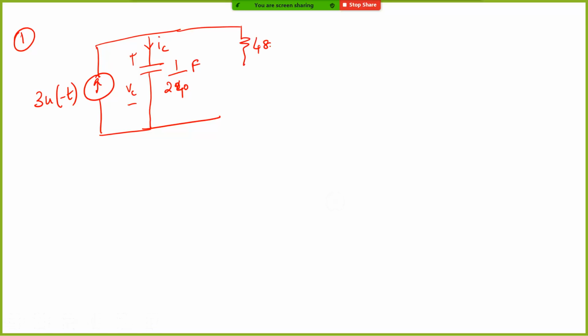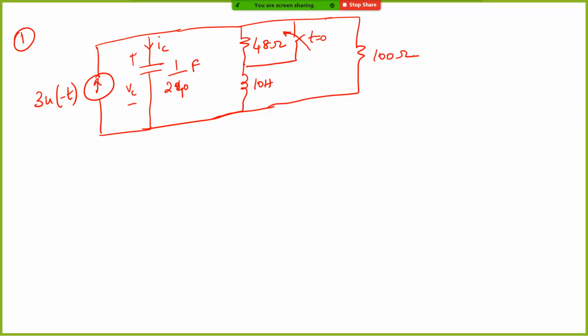We have 48 ohm, a 10 Henry inductor, and then a switch. The switch is closing at t equal to 0, and then you have a 100 ohm resistor here. This current is IR, and this current is I here. The question is: determine IL of t for this circuit and plot the waveform.